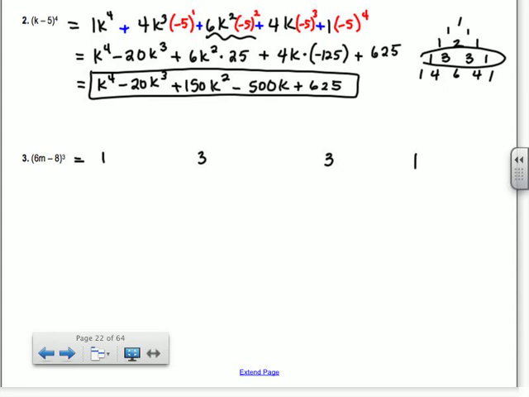Make sure it's in parentheses, so you raise the whole 6m: (6m) squared, (6m) to the first, and then no 6m's. Then your B value is negative 8. So you're going to have negative 8 no times, negative 8 1 time, negative 8 2 times, negative 8 3 times. Your pluses go in front of those 1, 3, 3, 1s.